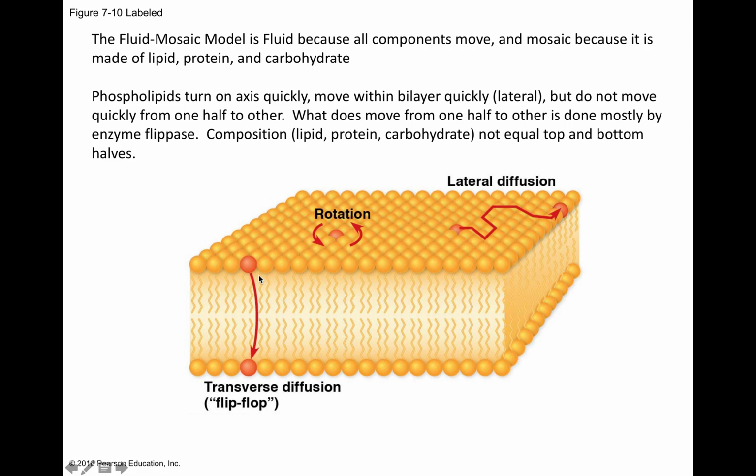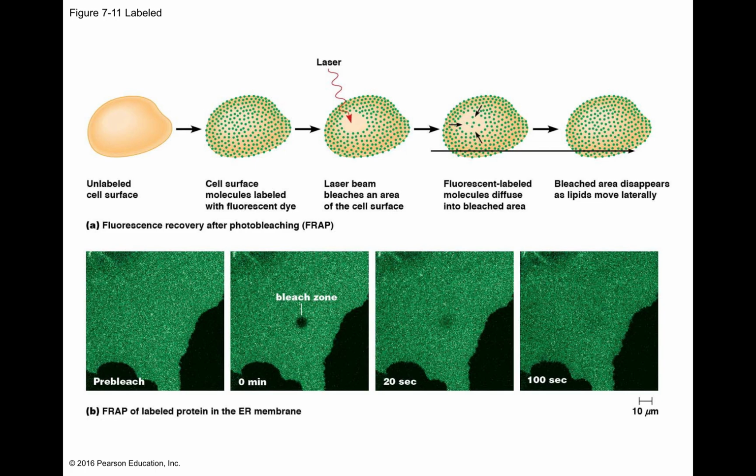This is governed by a protein called flipase, but it does happen. Rotating on its axis and lateral diffusion are much more common and important to the function of the membrane.